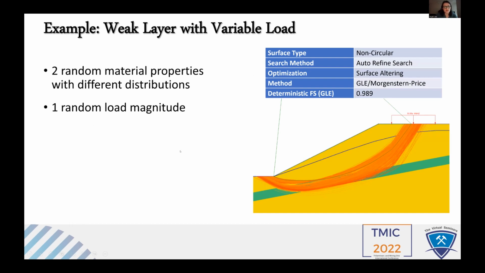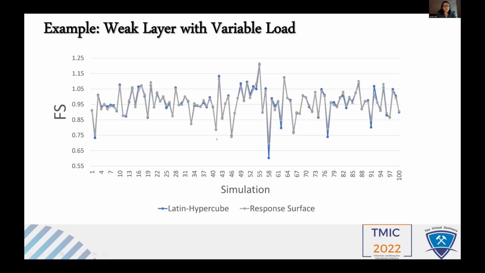So this is a slope with 2 random material variables and 1 random load variable. So 3 random variables in total. The specifics are found here, such as which search method we're using and so on. And basically, we can either compute this with Latin hypercube, which is just a traditional sampling method, or we can do it with response surface.